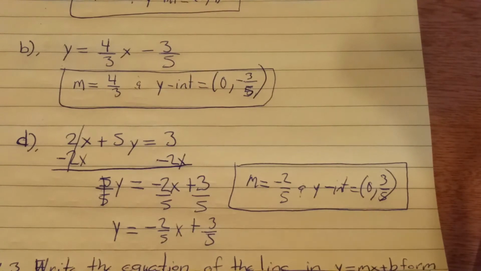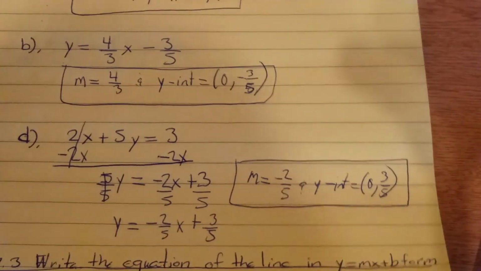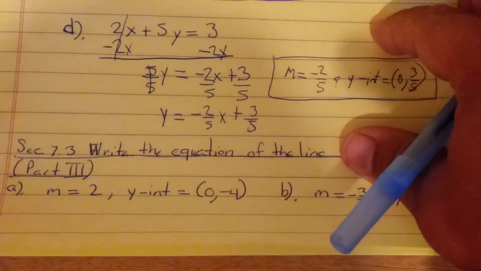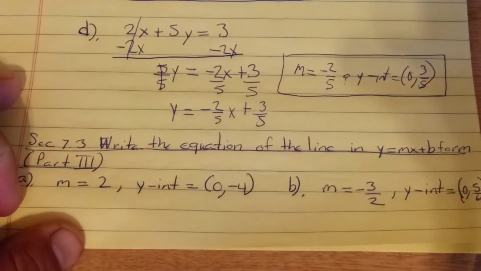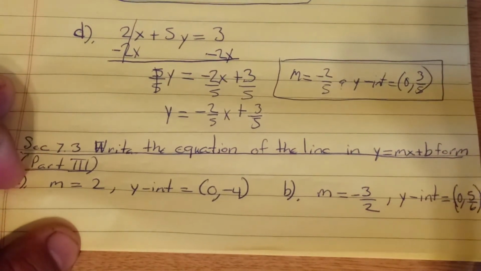Now, the reason why we're doing part 2 and 3 at the same time is because they're related to each other. So part 3, and it's right here, is asking you to write the equation of the line in y = mx + b form.